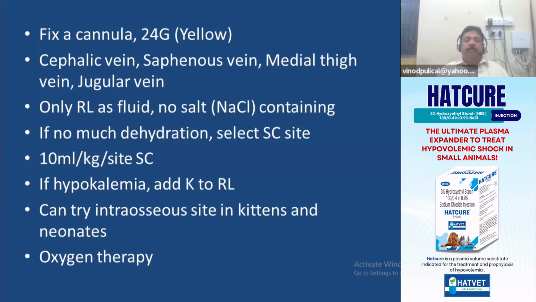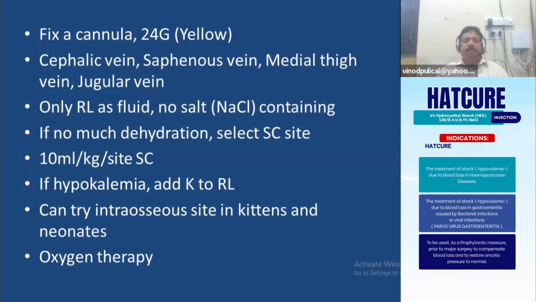If there is not much dehydration, you can select even the subcutaneous site. For every subcutaneous site, the maximum fluid that can be deposited is 10 ml per kg per site.